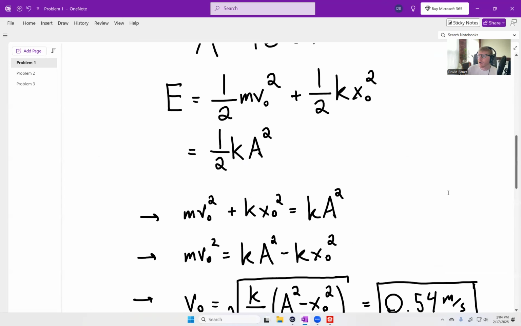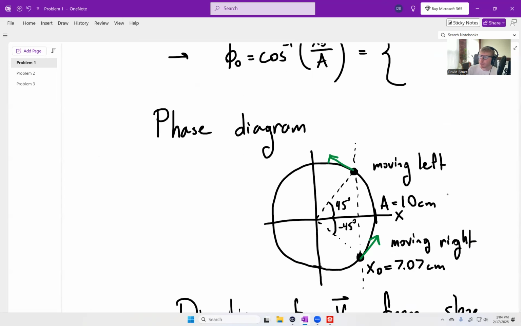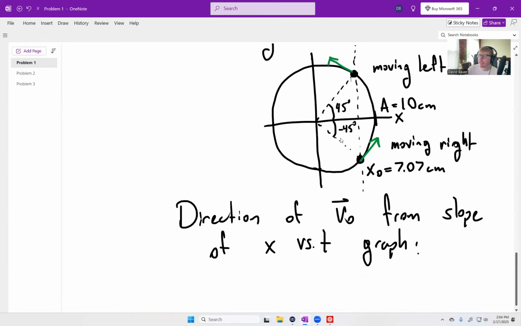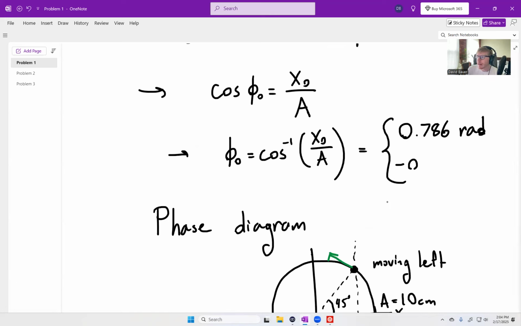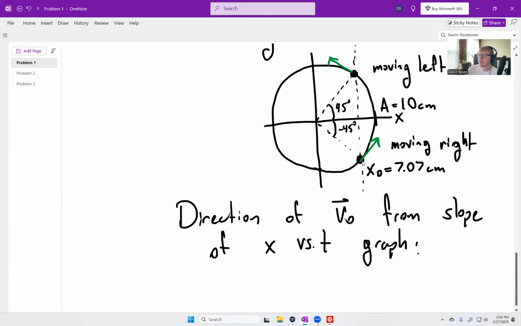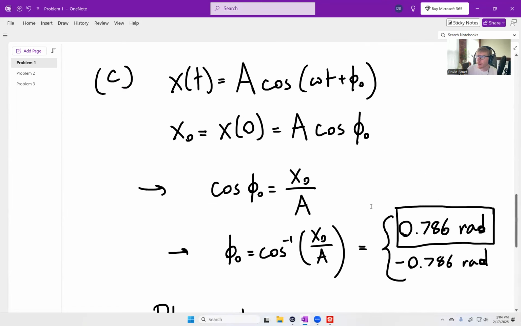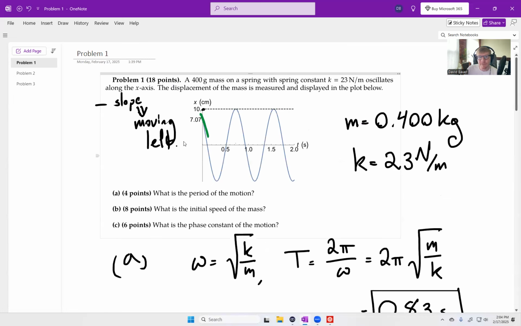All right, so what that tells us is that this point here at 45 degrees, or 0.786 radians, is the initial position that we want, or the initial phase that we want. So that is our phase constant. Now we have the other option of minus 0.786 radians. That's not the one we want, because that one corresponds to a mass that's initially at 7.07 centimeters moving to the right. All right. And that's it for that problem.